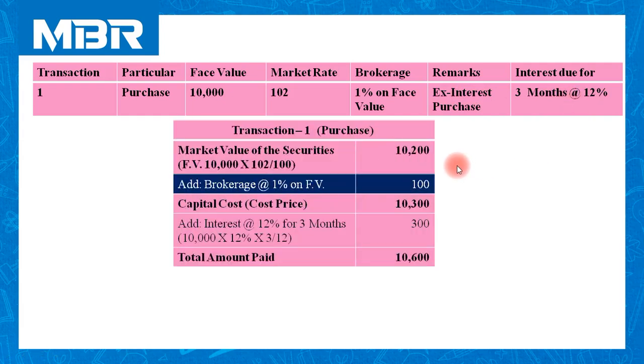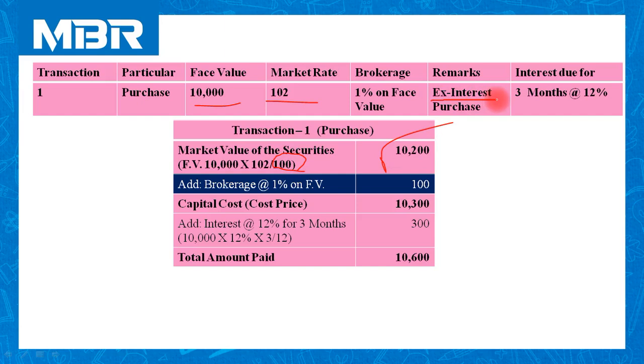We have already completed this calculation earlier, but for your reference, market value of the securities: market rate is given over here, 102, so 10,000 multiplied by 102 for every 100 rupees. Don't forget this. So the value of security is 10,200.